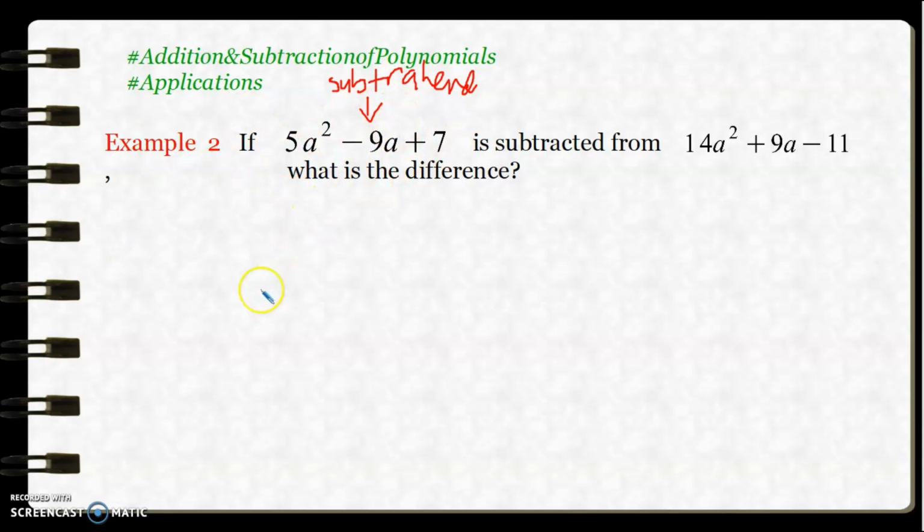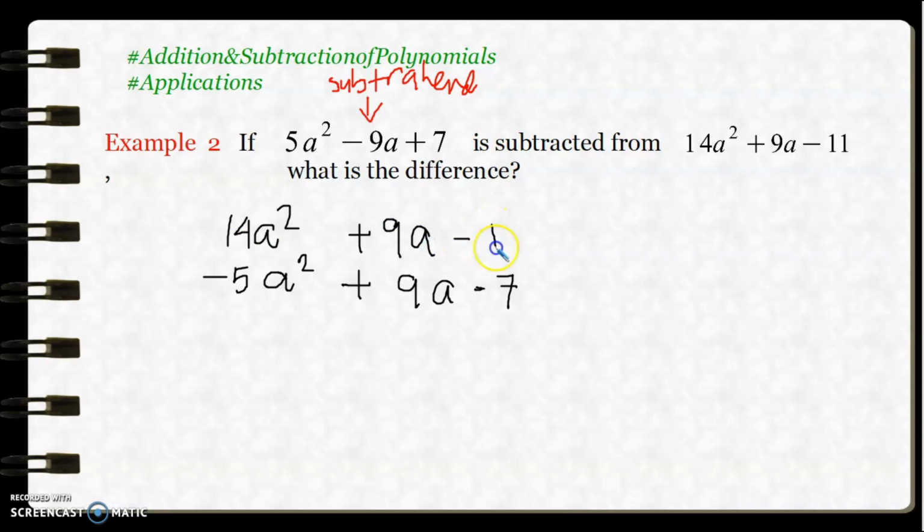We change the sign of each term here. It's going to be negative 5a squared plus 9a minus 7. And the other one will just be copied or rewritten: 14a squared plus 9a minus 11.